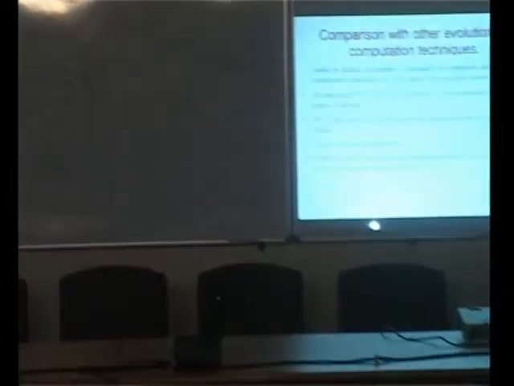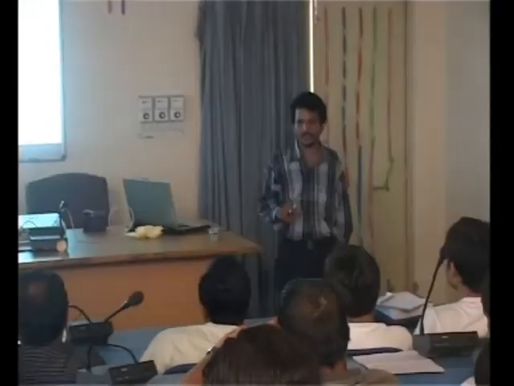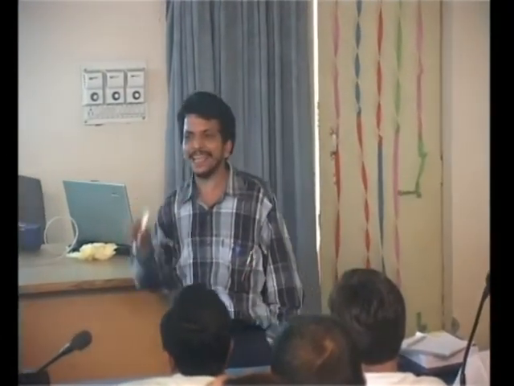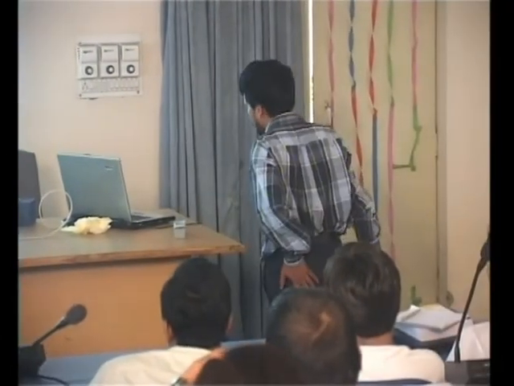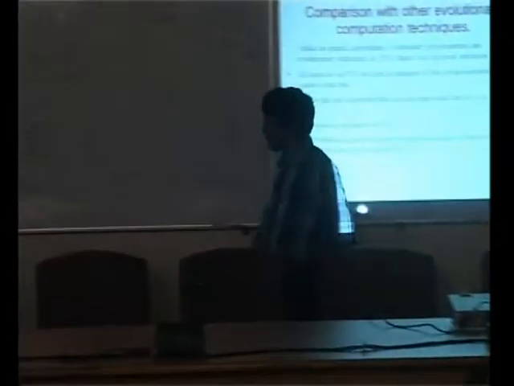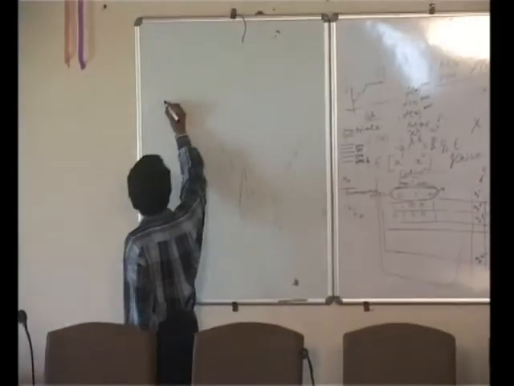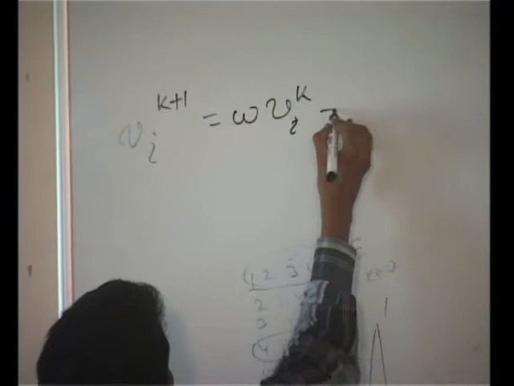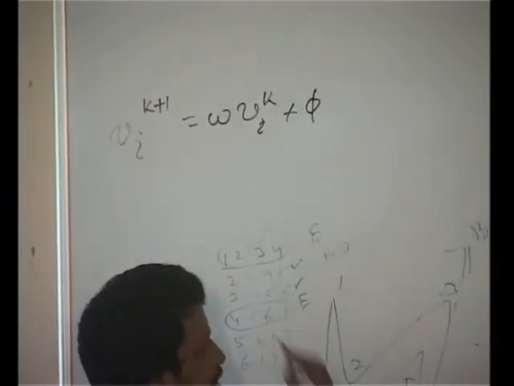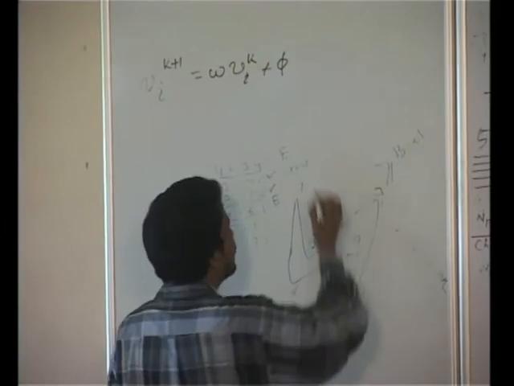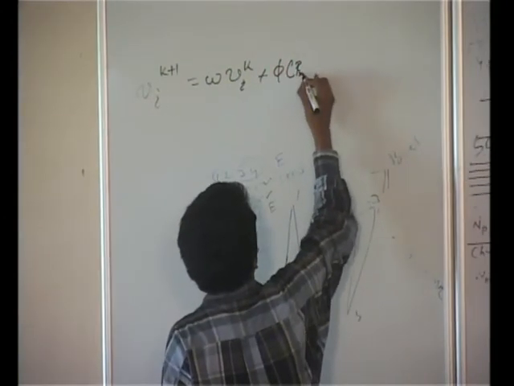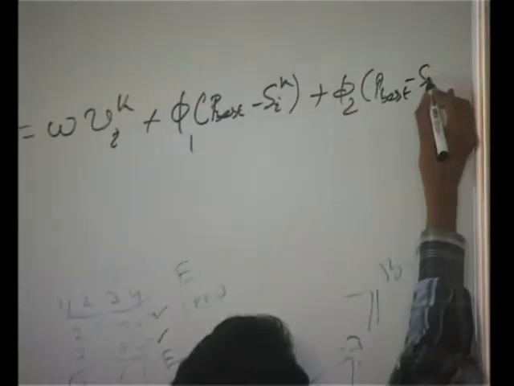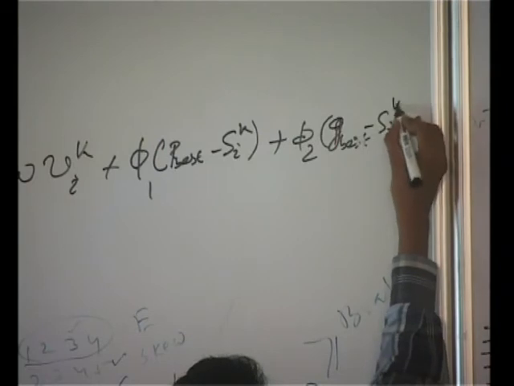But there is a mathematical background in PSO. See, you are getting Vi at k plus 1, because there are some mathematics faculty also present. Can you study this or not? Vi at k plus 1 equals omega into Vi k plus some constant, phi1 into P best minus x, plus phi2 into G best minus x.